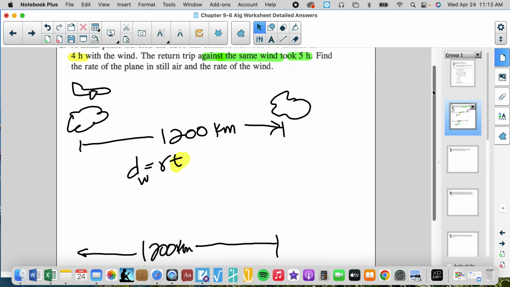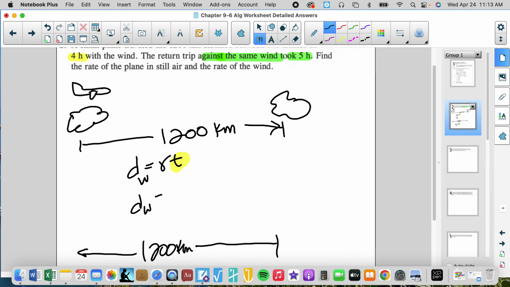We know our rate of speed when it's with the wind, so we know D, distance. We're going to gain speed with the wind. Our time is 4, so we know that that's going to be correct, right? We can substitute, we know what the distance is, it's always going to be that.